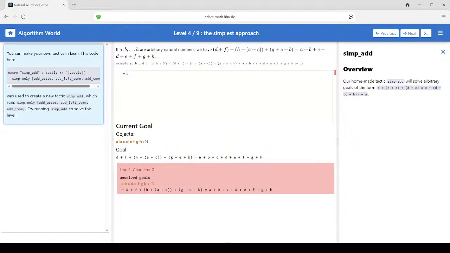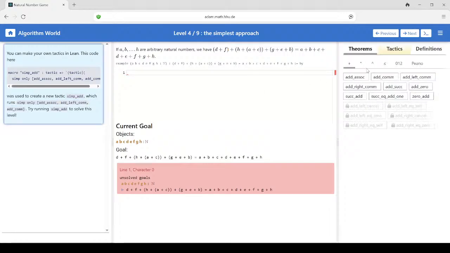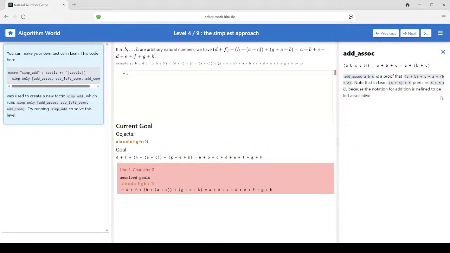The second part is the same thing, but then they added add associative, which will rearrange the parentheses for me, I guess. But I guess it'll do those 3 things.